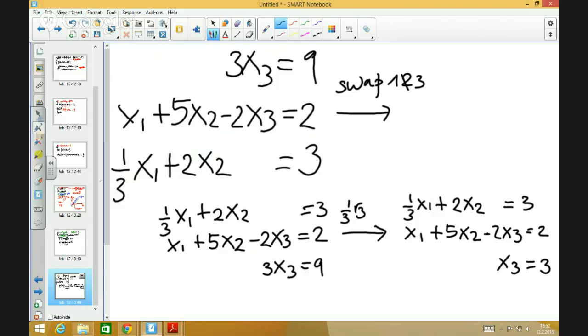So one thing that we could do now is to use this information to simplify the second equation. This is what you would do manually, but in fact, this is not an elementary row operation per se. An elementary operation says, now I want to get rid of the x3 here. How do I get rid of this x3 in the second equation?